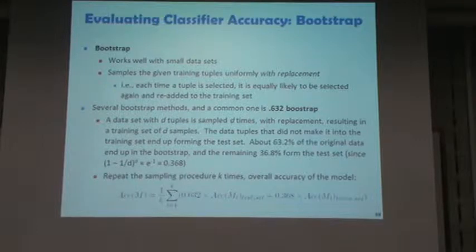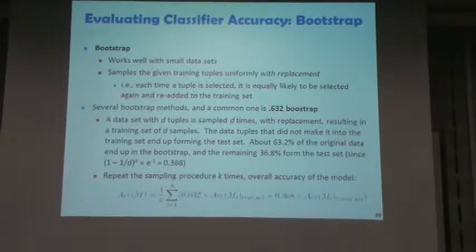So this one is called the bootstrap. Bootstrap is running again, but with a different data set used for the test. Given a training tuple, the tuple is selected and added to training, then put back, based on replacement, going back to the training data set and picking one of them again.